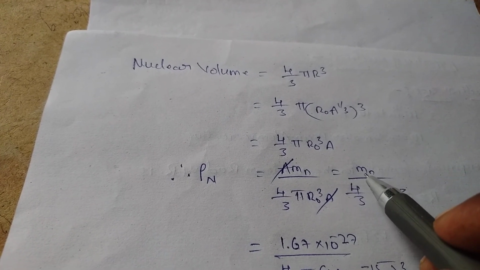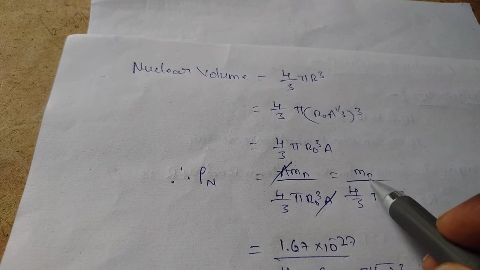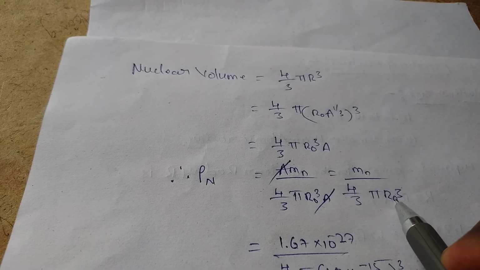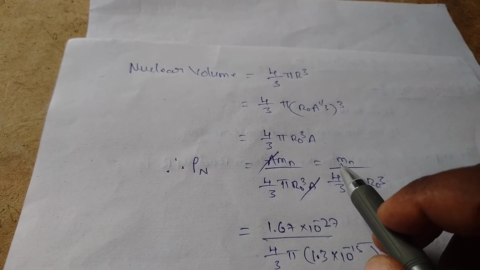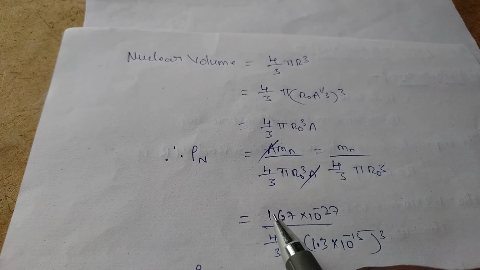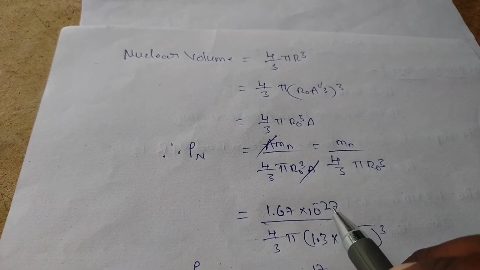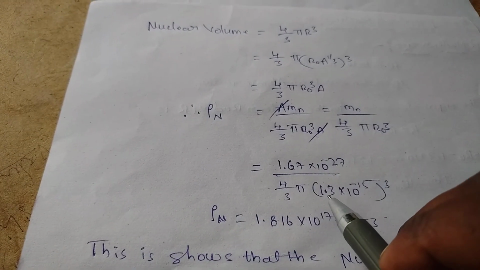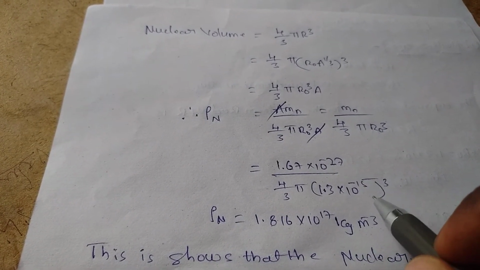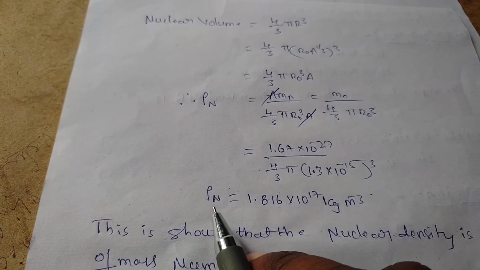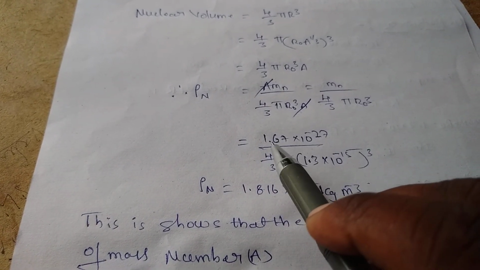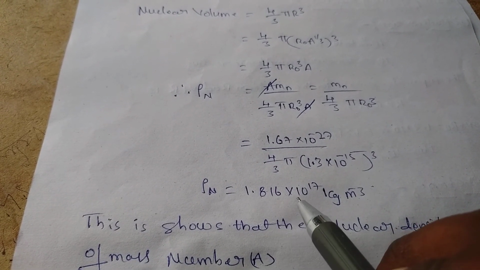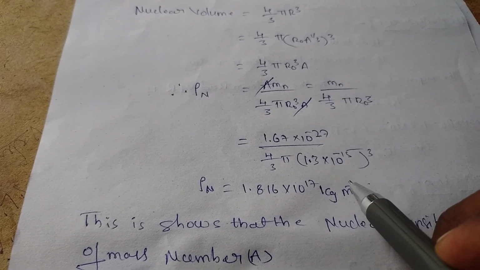So rho suffix n equals m suffix n by 4 by 3 pi R naught cubed. The mass of the nucleon is 1.67 into 10 to the power of minus 27, divided by 4 by 3 pi into R naught, which is 1.3 into 10 to the power of minus 15, whole cubed. Solving this, we get rho suffix n equal to 1.816 into 10 to the power of 17 kg per meter cubed.